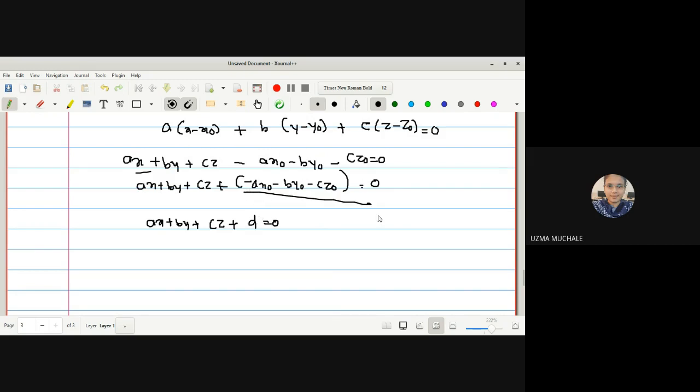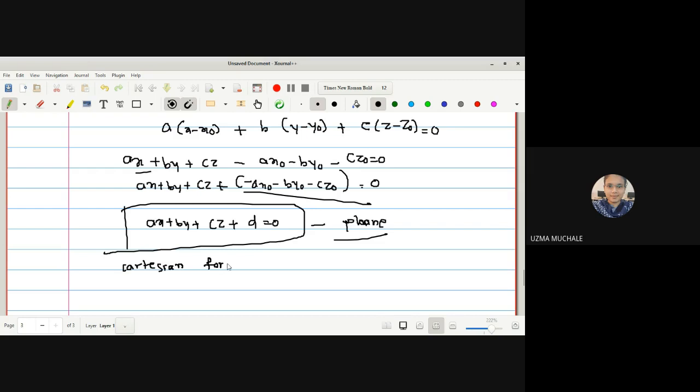Because a, b, c are constants, and x naught, y naught, z naught are also constants. So ax plus by plus cz plus d is equal to 0 is the equation of a plane. Any doubt for this one? And this is called the Cartesian form of the equation of a plane.